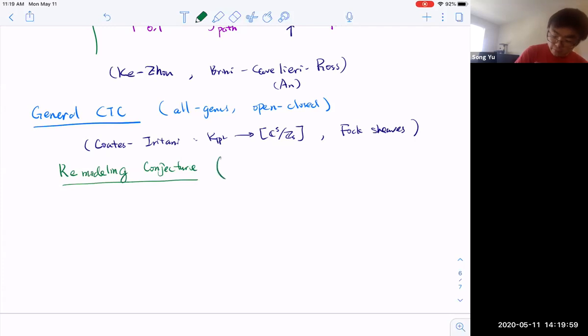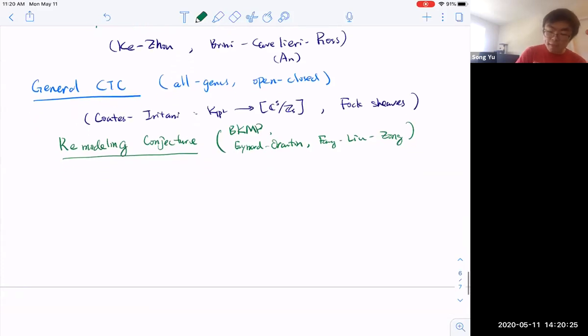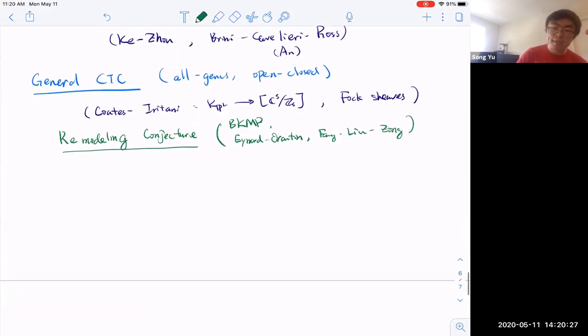This was proposed first by Bouchard, Klemm, Marino, and Pasquetti, hence the name BKMP, but it's proven in the smooth case by Eynard and Orantin, and in the general case by Fang, Liu, and Zong. So this is an all-genus open-closed mirror symmetry statement for toric Calabi-Yau 3-orbifolds.